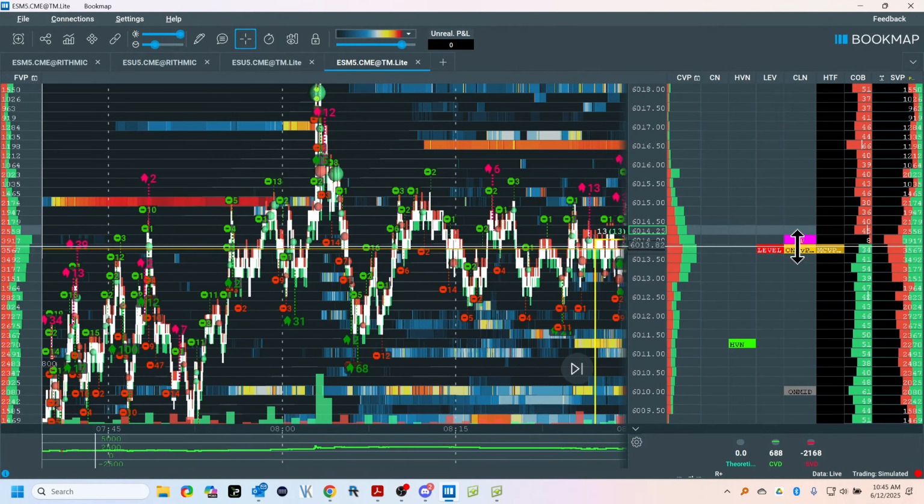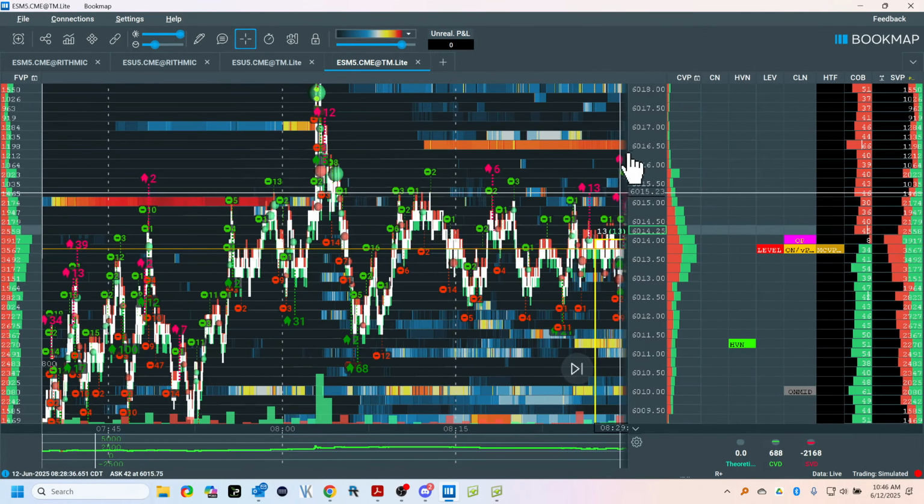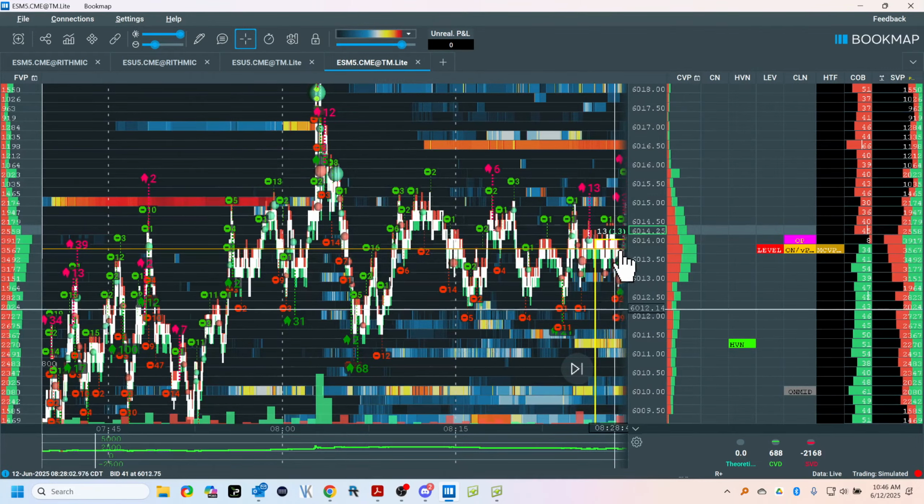What does that tell me? The market thinks this is a fair price. I can trade both sides of this thing, and I am not thrilled. Why? This is a fair price. What does the market tend to do at a fair price? If this is, remember, retail, what does it say? Possibility for two-sided trade in here.